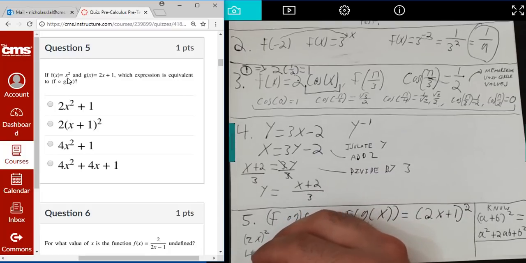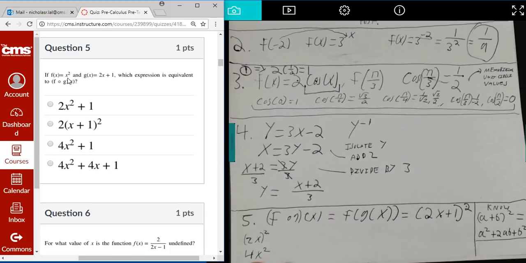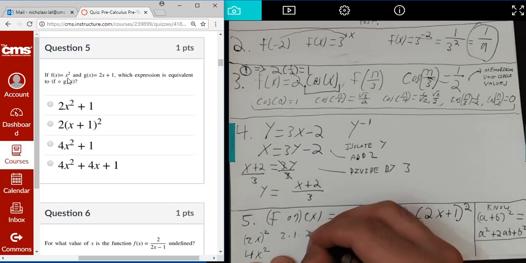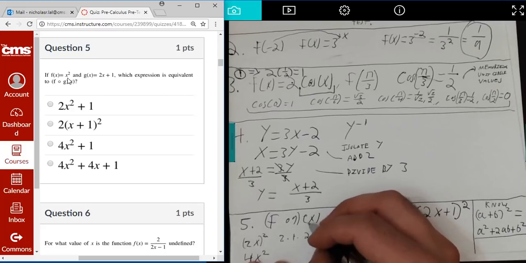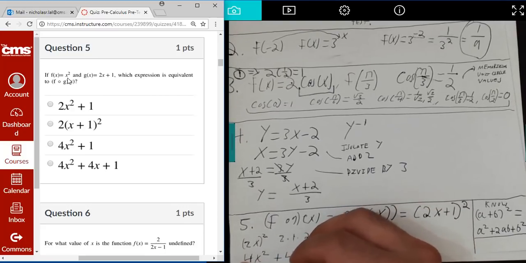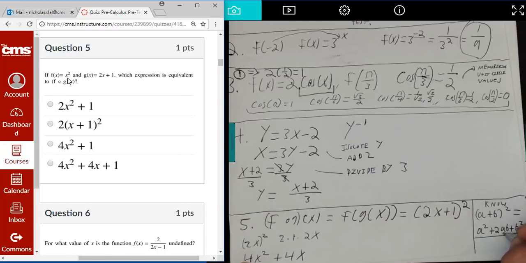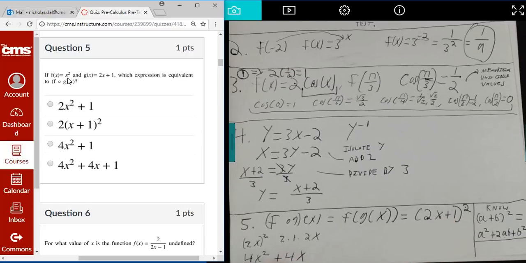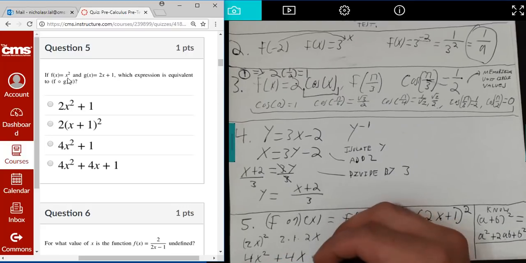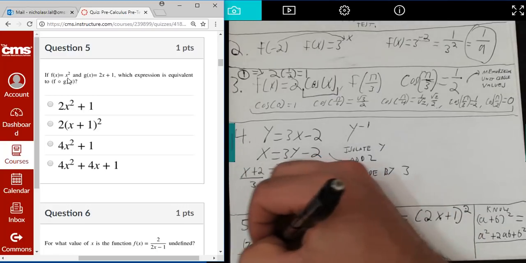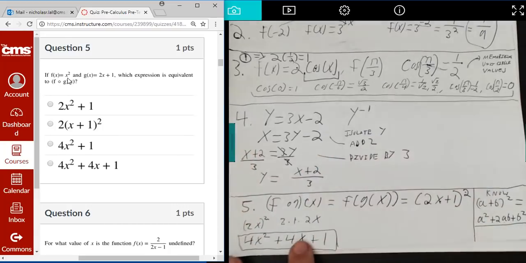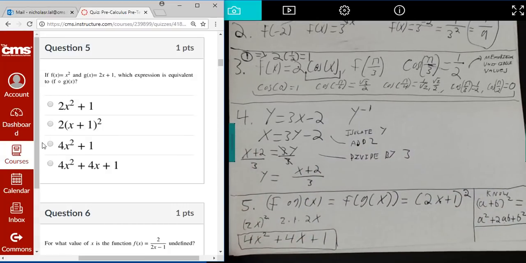So we're going to have 4x squared. Then we're going to have 2 times 1 times 2x. So 2 times 1 is 2, times 2 is 4, times x is 4x. Then plus b squared, and b here is 1, so that's just plus 1. So 4x squared plus 4x plus 1, that's going to be your final answer.